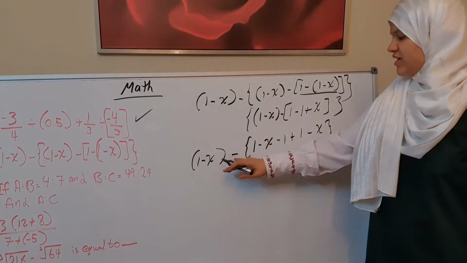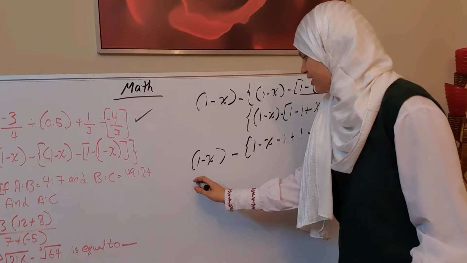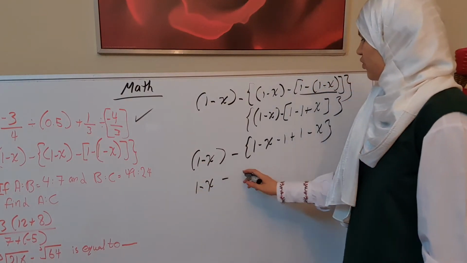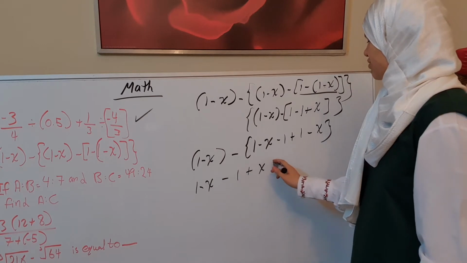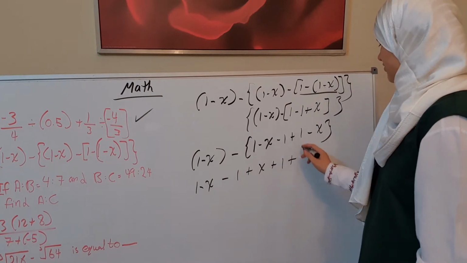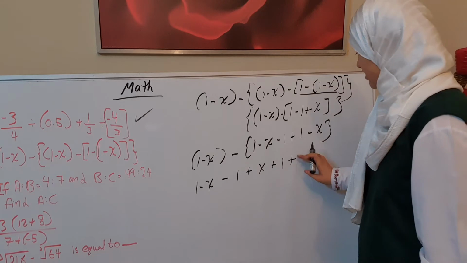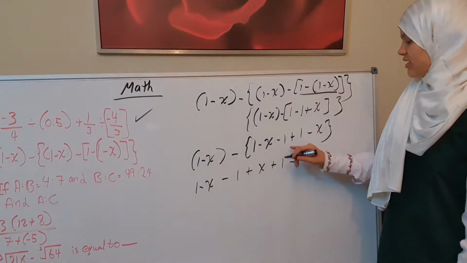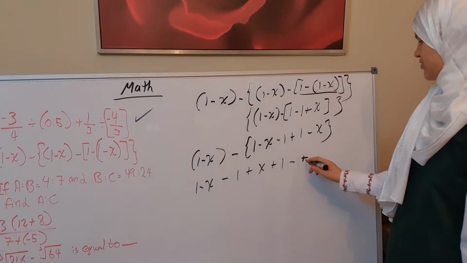That means it will be negative here, or you can make it 1 minus x minus 1 plus x plus 1 negative 1, because negative is positive, it will be negative. Then it will be here positive x.